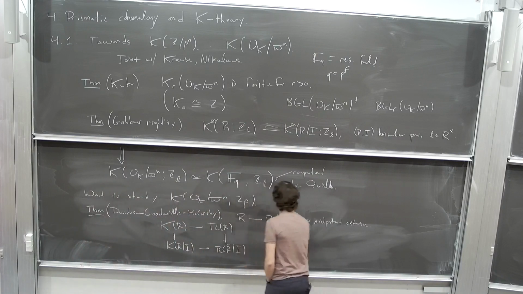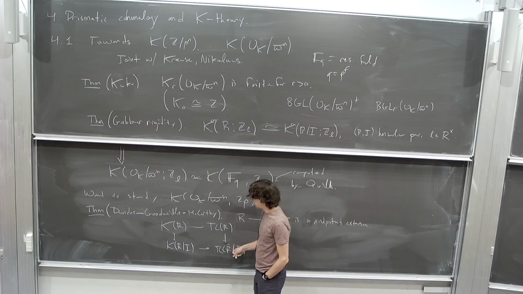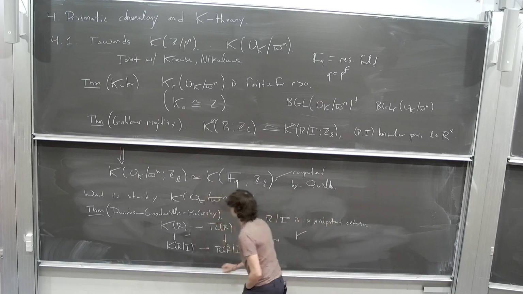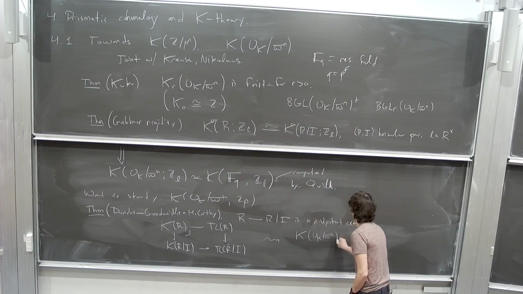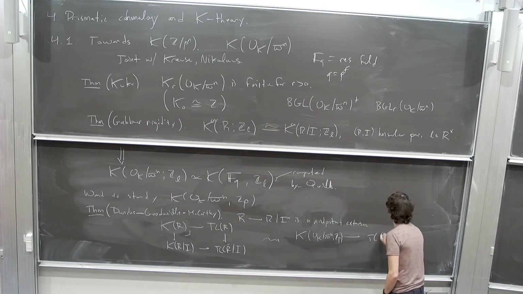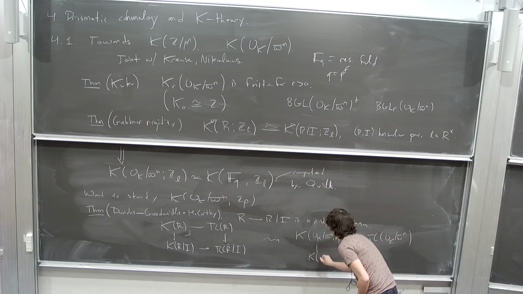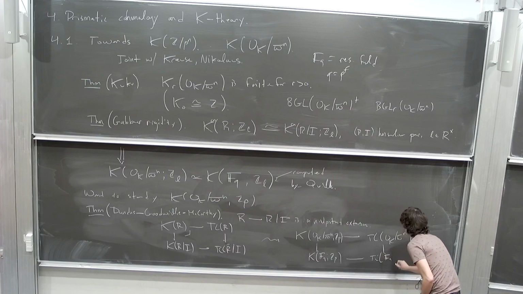In our case, what this means is TC of a p-complete ring will already be p-complete, so we don't really need to p-complete on this side. The K-theory of O_K mod pi^n, with p-adic coefficients, fits into a pullback square with the TC of O_K mod pi^n, the K-theory of the residue field F_q with p-adic coefficients, and then TC of the residue field with Z_p coefficients.